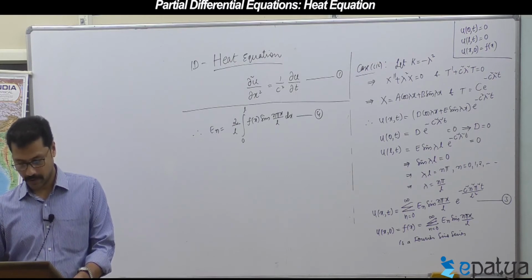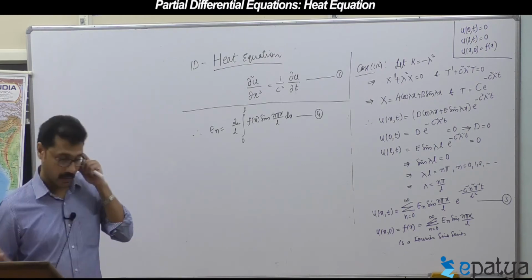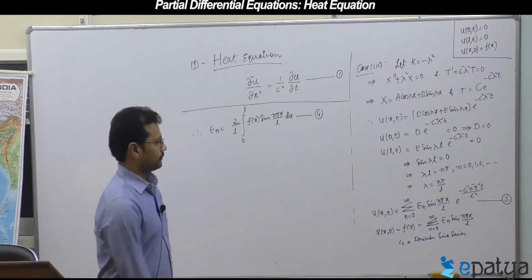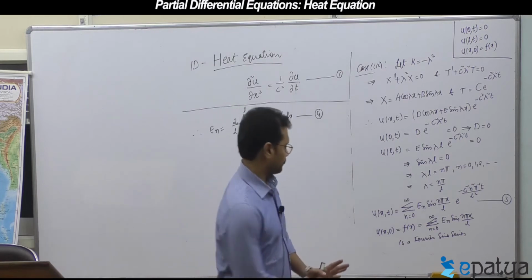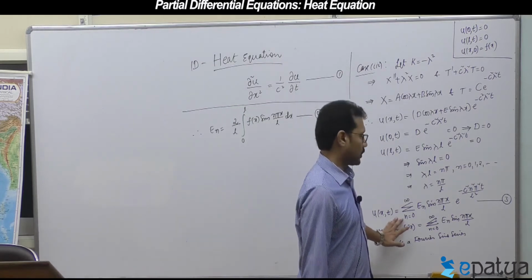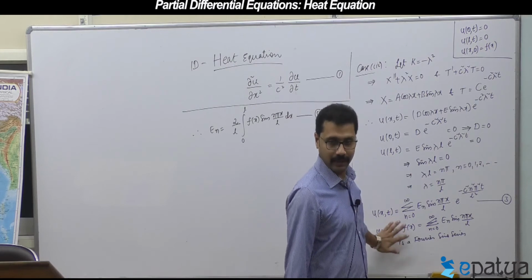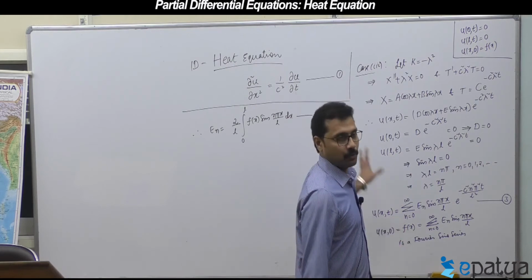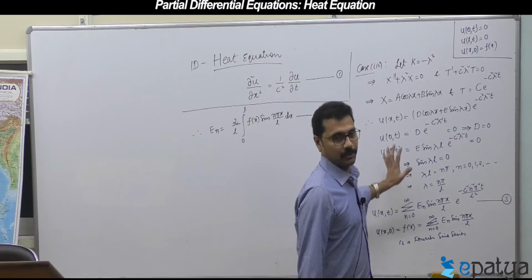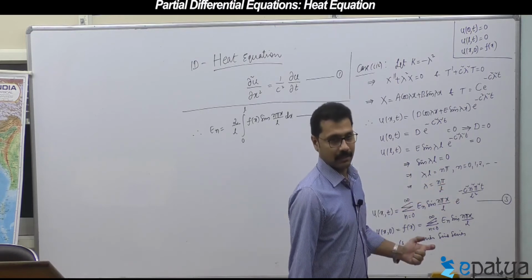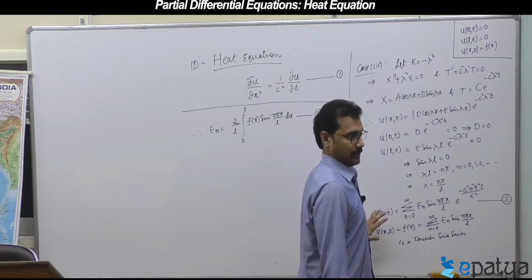Take a question. And again I am telling you, what you got here is UT. UT, okay? U is US plus UT. US is 0, therefore U equal to UT.